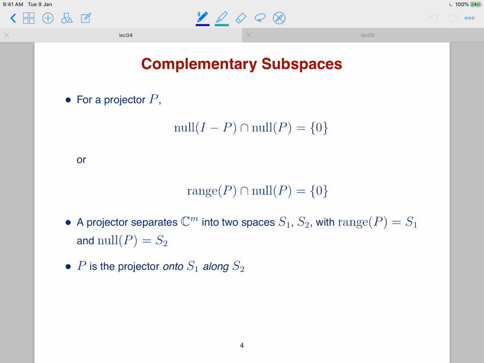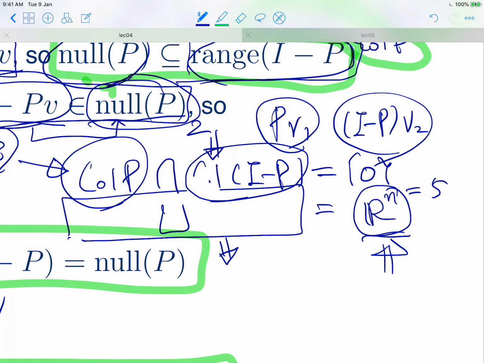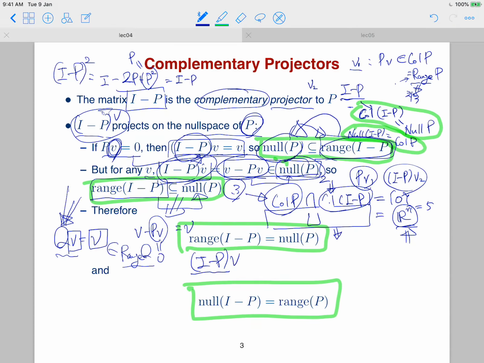And also, in order to consider them complementary, we have to understand this: their intersection is 0 and their union is the entire space.